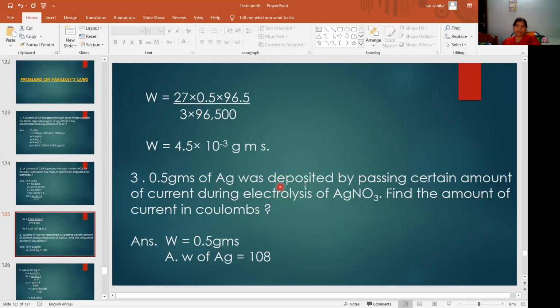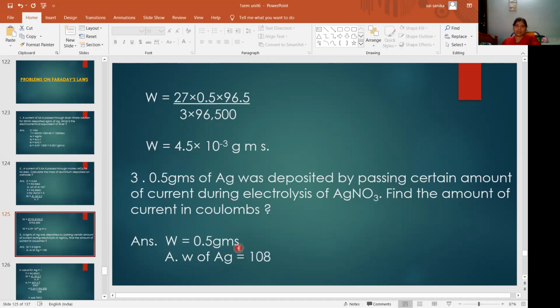So here some weight of silver is deposited by passing a certain amount of current during electrolysis of AgNO3. And he asked to calculate the amount of current in coulombs.